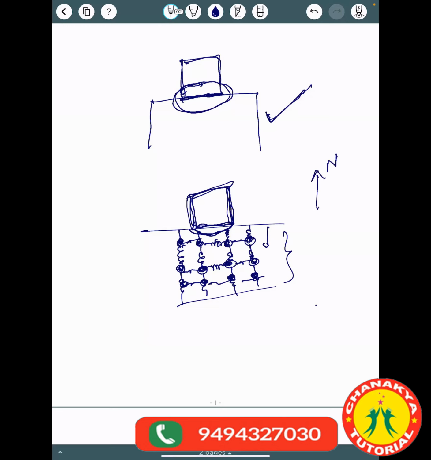And similarly, even if I see this block also, its surface also has atoms and springs, right? Correct, guys? That means this table surface is pushing the block, and this block will also try to push it back.